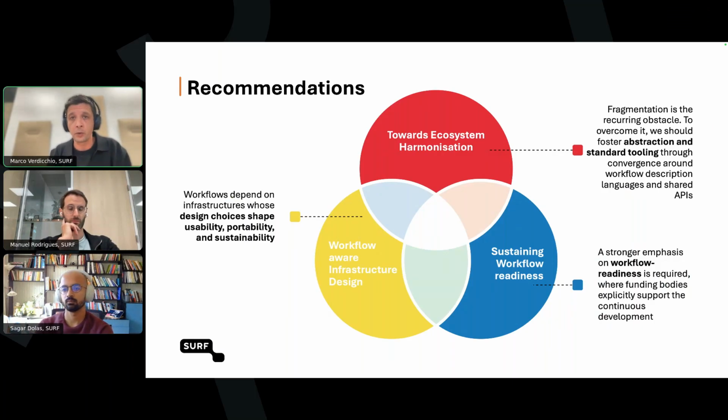This is where your contribution in today's Mentimeter and in the follow-up Google form is very important, because the more motivated and complete the recommendations are, the stronger our message is. We also grouped the recommendations in 3 main categories: ecosystem harmonization, workflow-aware infrastructure design, and sustainability, sustaining workflow readiness. Again, we have more specific recommendations that you will see in the Mentimeter part.